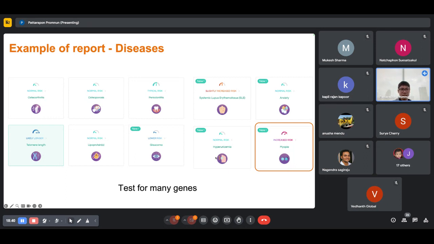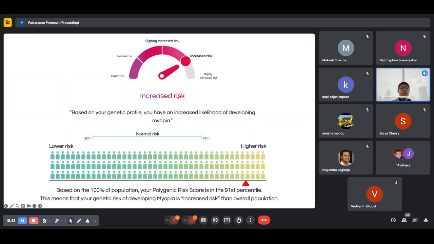For example, for myopia, I have an increased risk of getting myopia, but the interface of this report is a little different from the previous because we analyze the risk from many genes, many SNPs.